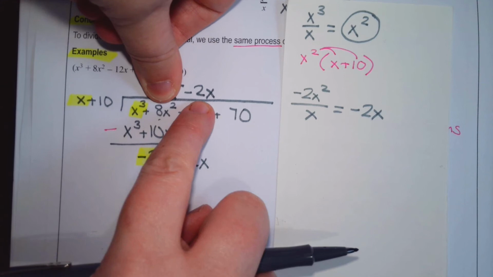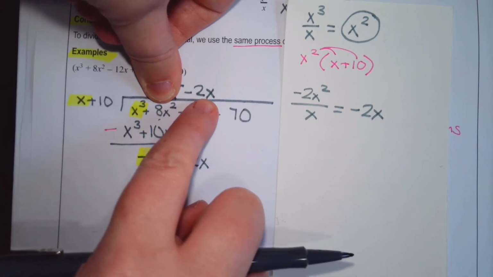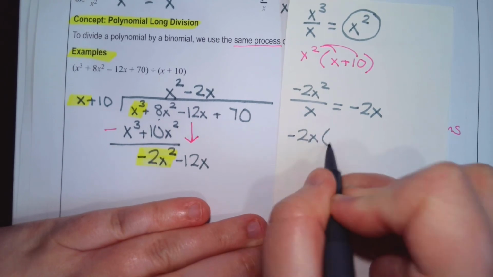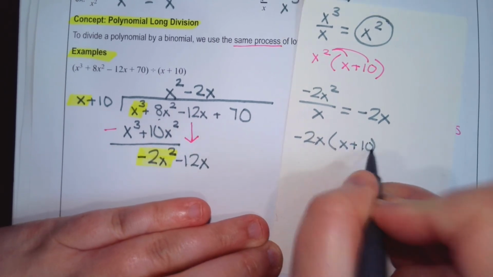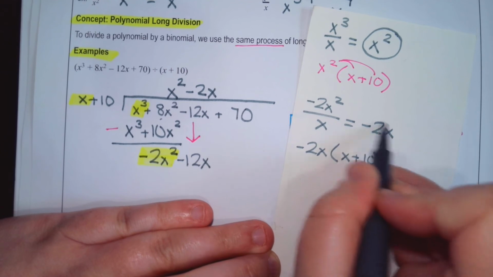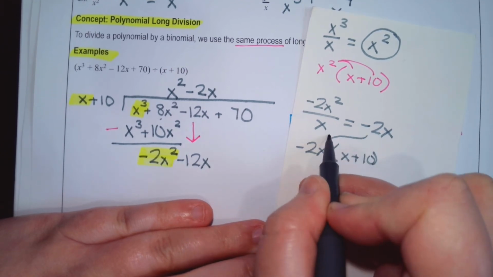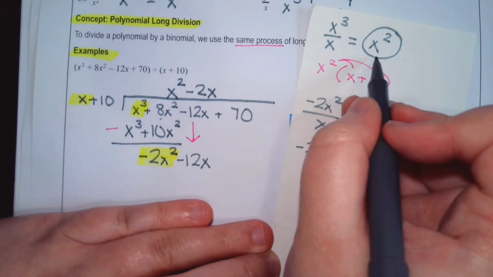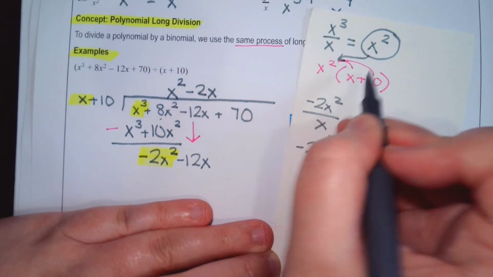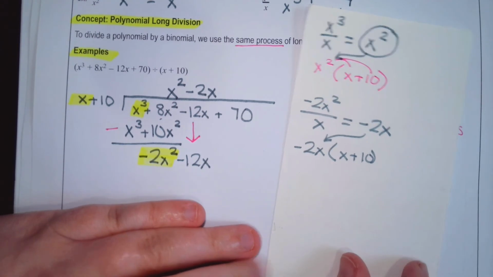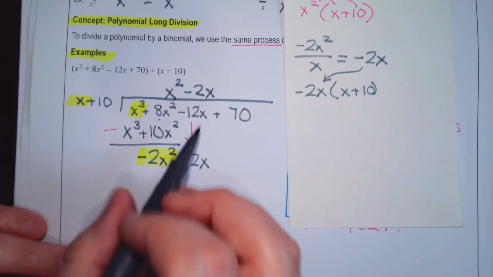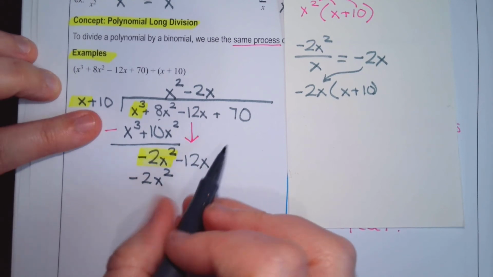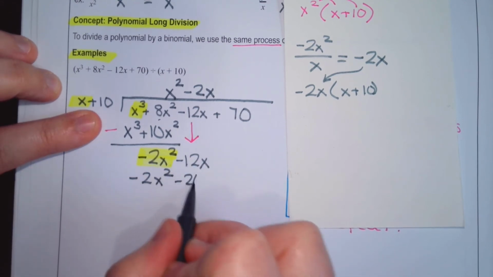Now we just multiply x plus 10 by negative 2x. So negative 2x times x plus 10. Just think of this guy that you get here after you divide is always going to get multiplied by your binomial. Same thing here, x squared, we multiply it by the binomial. So negative 2x times x is negative 2x squared, and negative 2x times 10 is negative 20x.